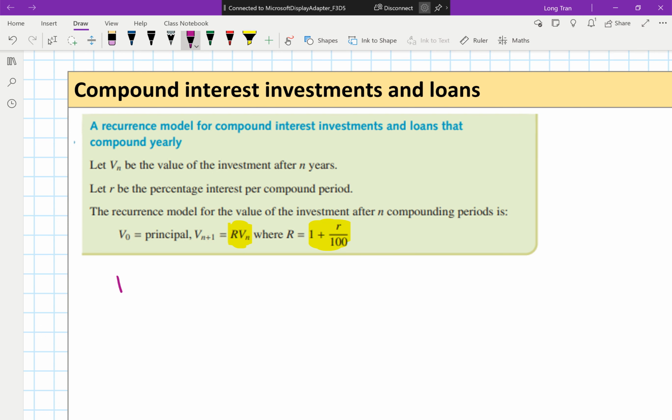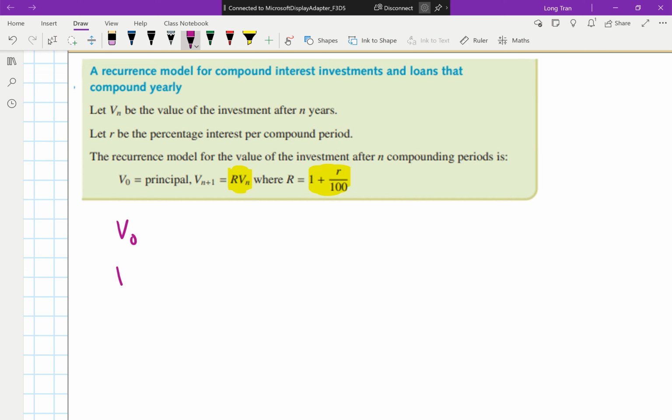You start off with V0, the initial amount you borrowed, or the amount that you have. So that's your principal. And then this is your recurrence formula. The next value is based on R, which is calculated as 1 plus R over 100, multiplied to what your nth term is.